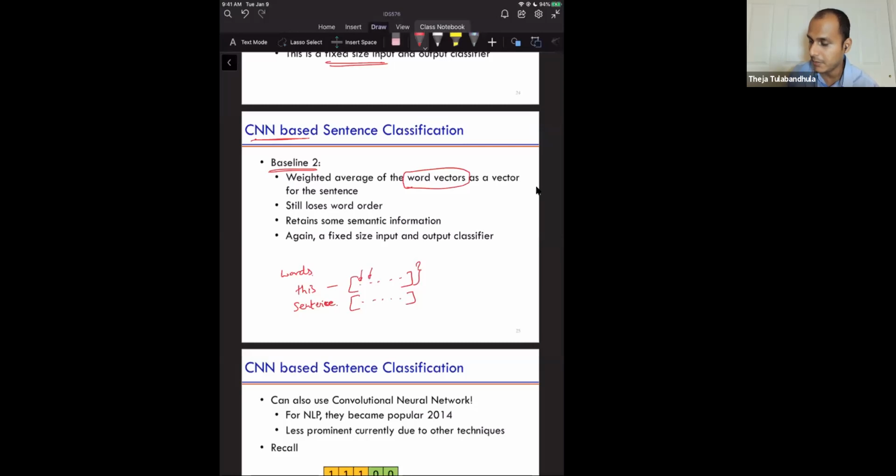And remember, in one-hot encoding, this word would be encoded as something like this, and sentence would be some other vector like this. So these are vectors corresponding to the one-hot encoding of these two words. Let's say our vocabulary was of a certain size, something like 7, so 7 cross 1.